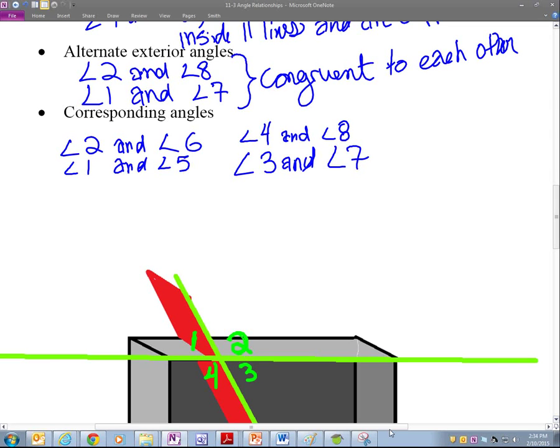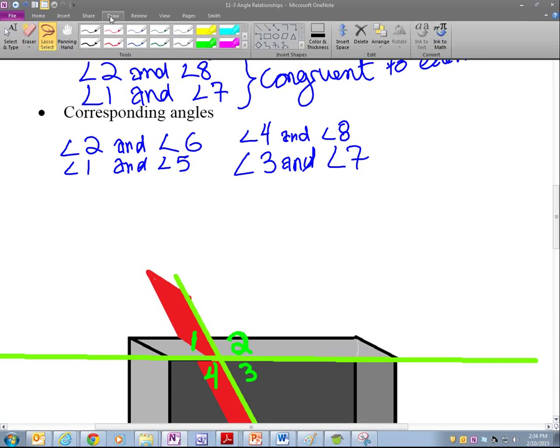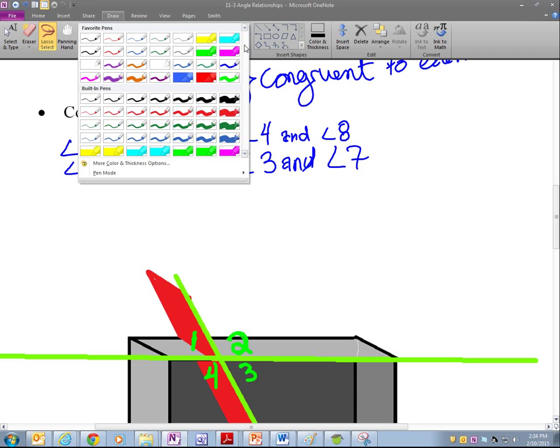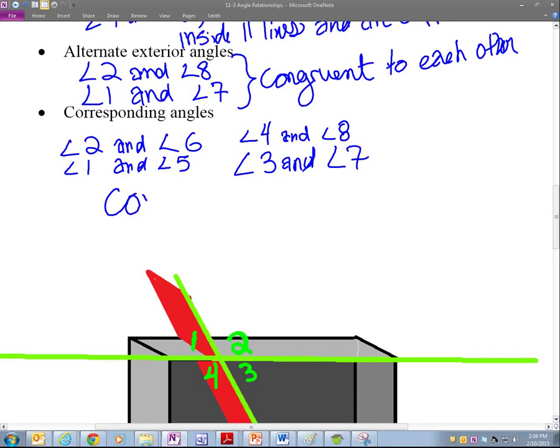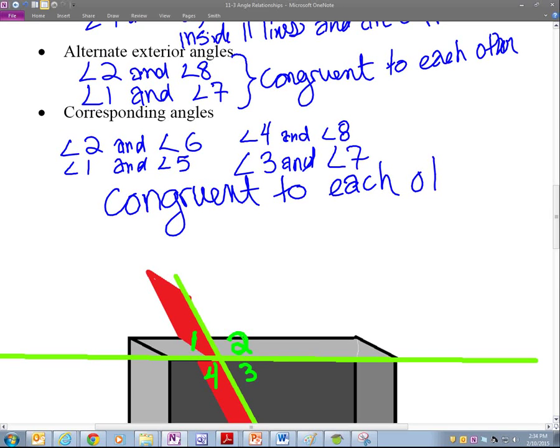Corresponding angles are congruent. They're congruent to each other.